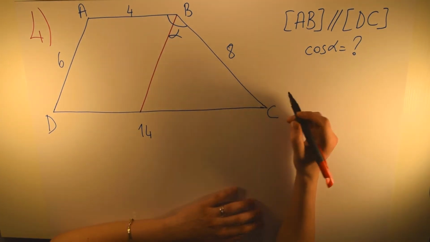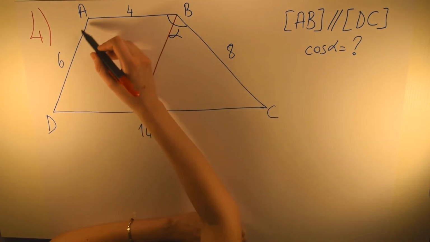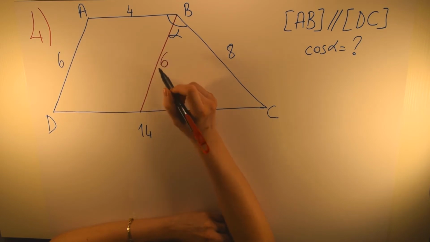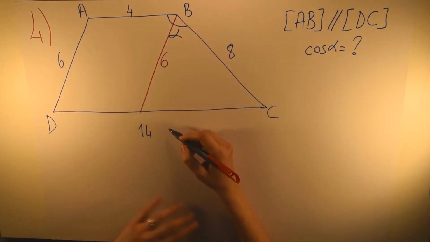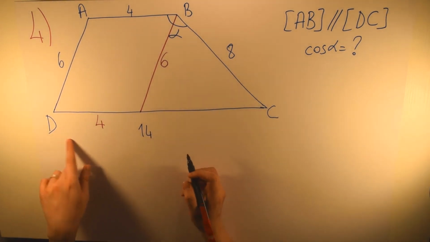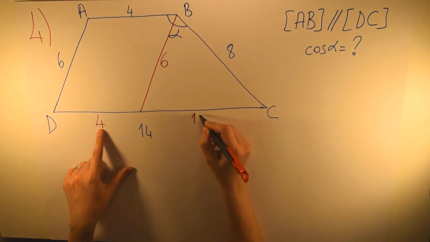So let's do that. When I draw this parallel line here, if this side is equal to 6, it means also here is equal to 6, and this side is equal to 4, which makes this one equal to 4, and since this side is 14, this is 4, and this will be 10.